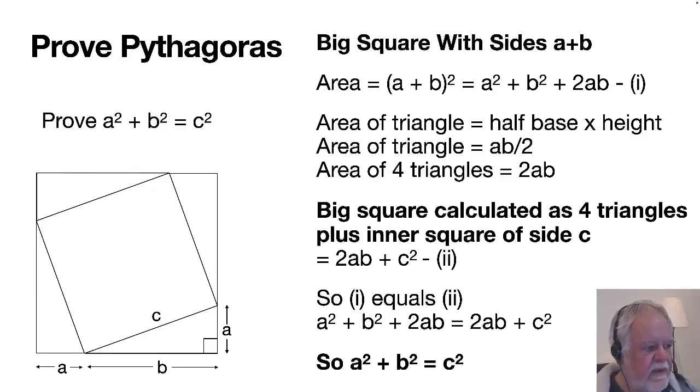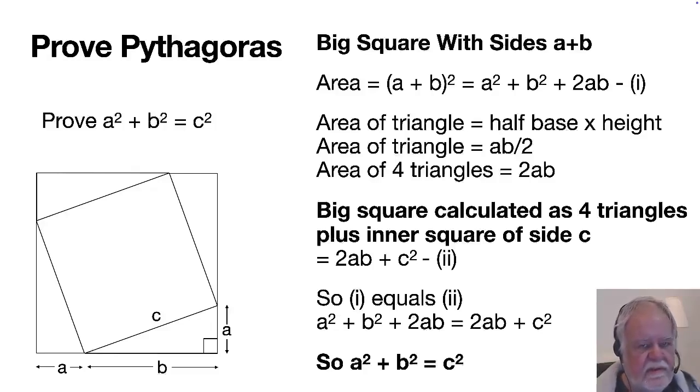So let's prove that a squared plus b squared equals c squared. The big square is the square that's containing the smaller square. The big square has sides a plus b, because when we rotate that triangle, we add the length a to the length b.